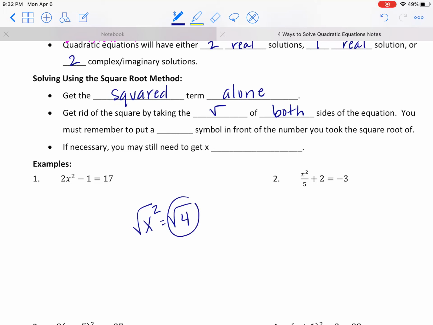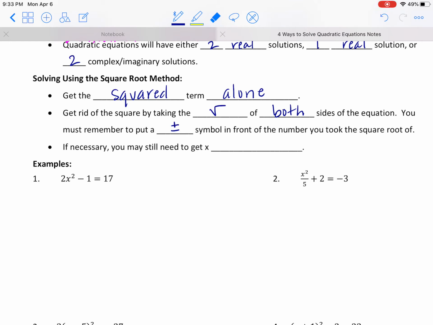And then you have to remember that when you're taking, let's say, a square root of 4, a square root of 4 is just 2, but when you're solving x squared equals 4 and taking the square root, you're not really looking for the square root of 4, you're looking for what number squared makes 4, and so both the positive and negative make that true. Every time we take the square root in the solving process, we're going to have to put a plus or minus in front of the number that we took the square root of, okay?